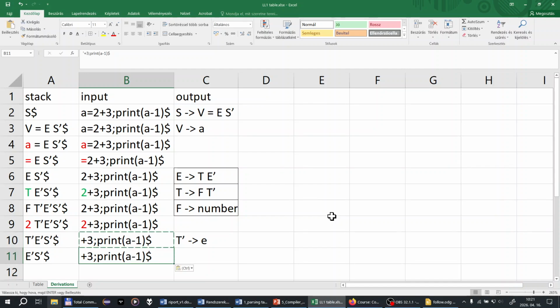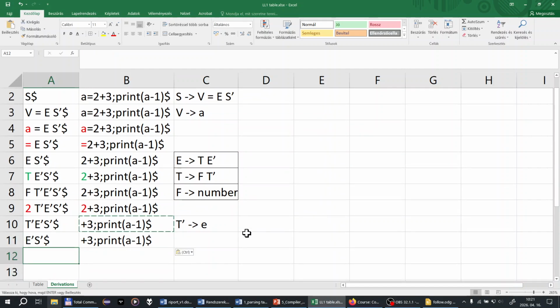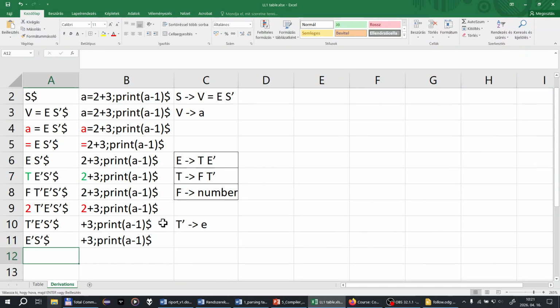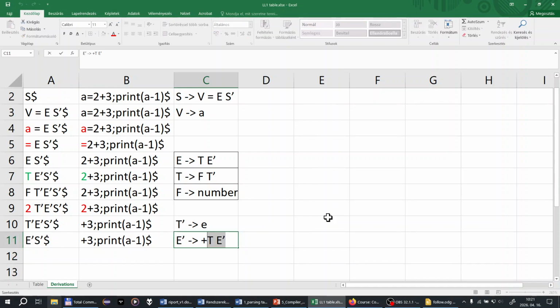And for the E prime and plus, we have the grammar rule plus TE prime. And we have to just copy the remaining part from the stack.